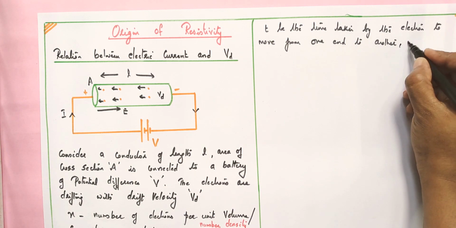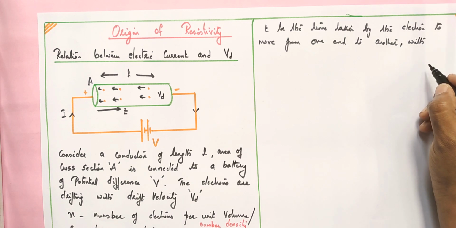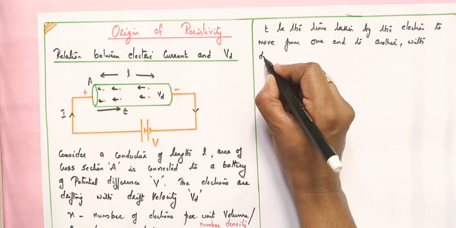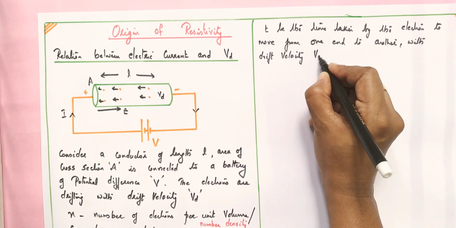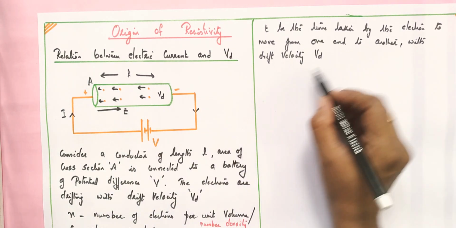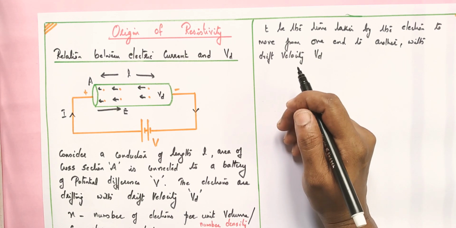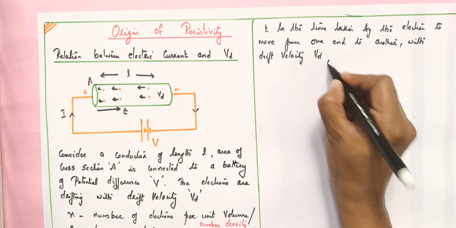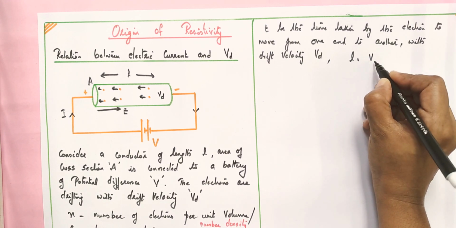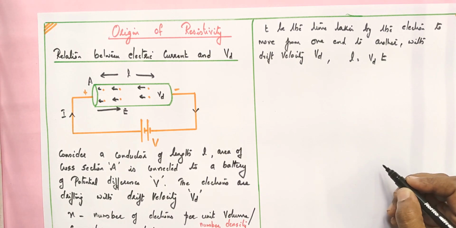With what velocity are electrons moving? With a velocity called drift velocity, Vd. Now we have velocity equal to distance divided by time. So what is this distance? L can be written as velocity into time.